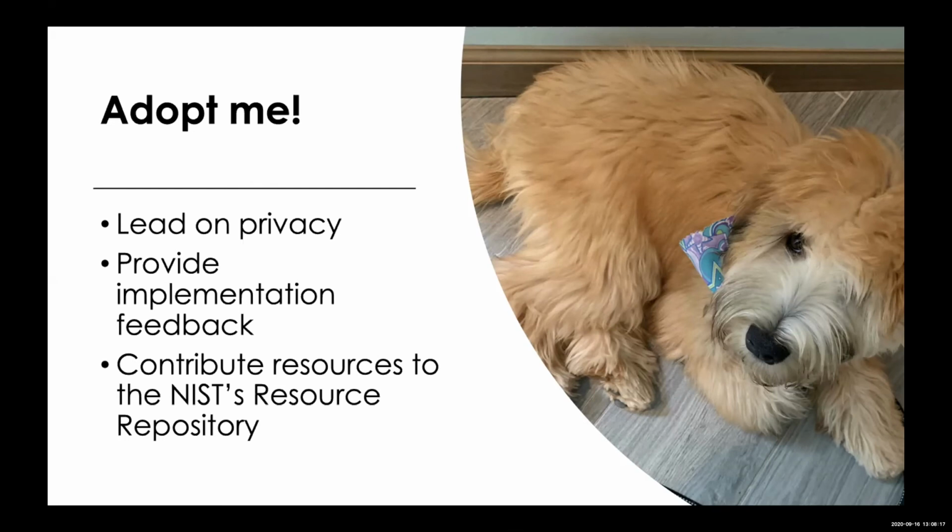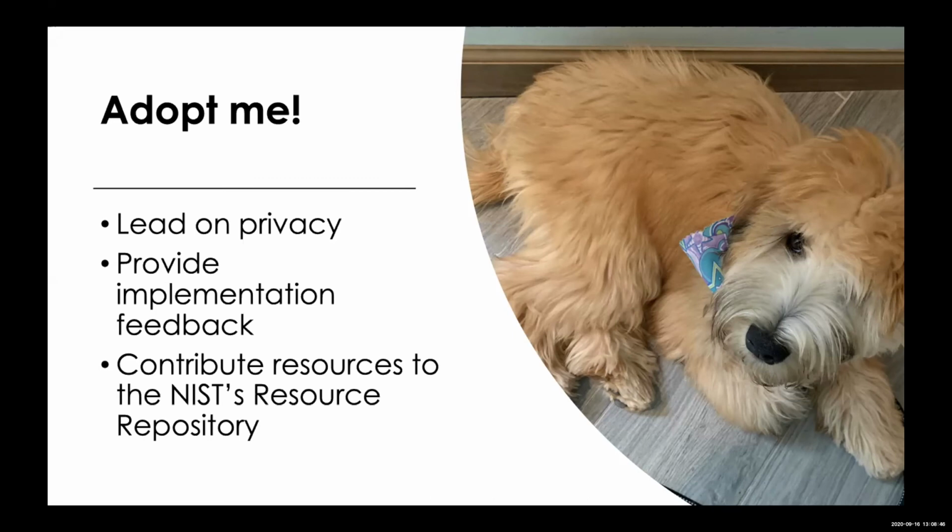And that way, if you have a requirement under the GDPR, for example, for data deletion, you can locate where that outcome may be in the NIST privacy framework. We also have a place where organizations can contribute profiles, and we have some libraries here. We would love to see how libraries may be building out profiles for their own risk management practices, and they can feel free to contribute those to the resource repository.